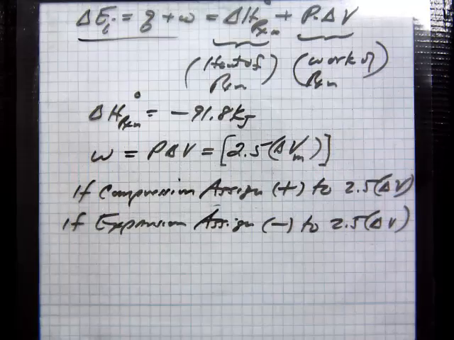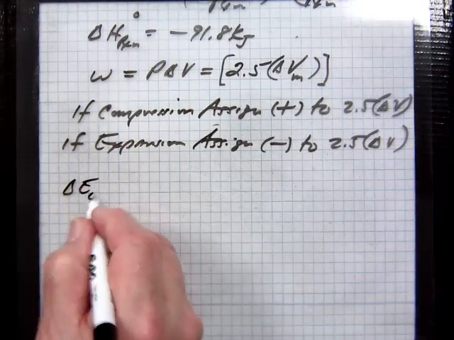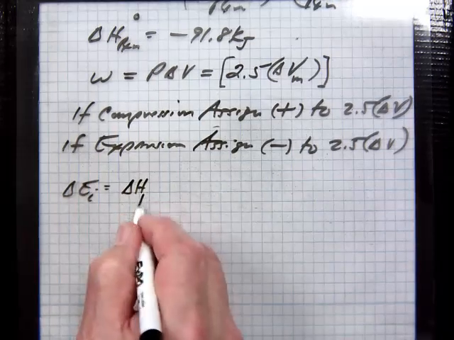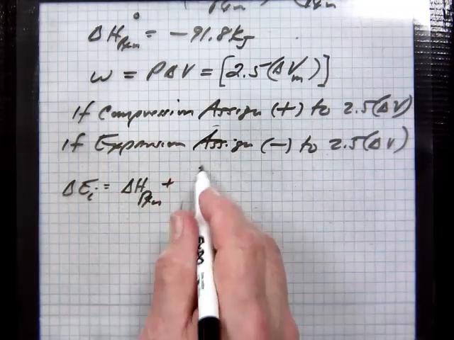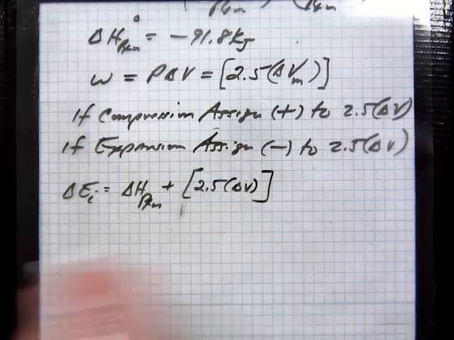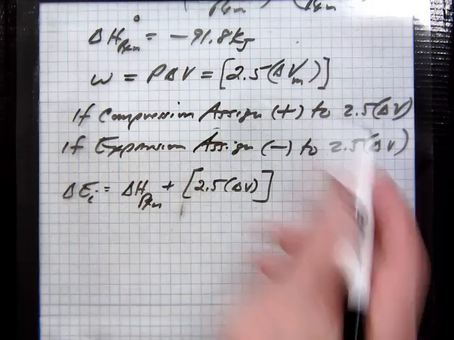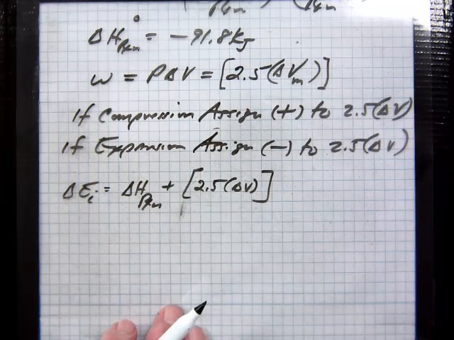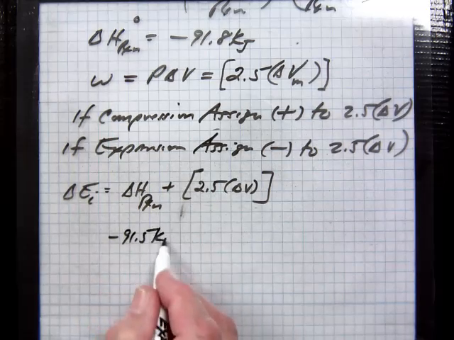So for the reaction we're working with right now, delta EI equals delta H of the reaction, algebraically plus 2.5 delta V. Now bracket that, but you've got to put a signage in there. For this reaction, since it's an exothermic reaction, we got a minus 91.5 kilojoules over here.